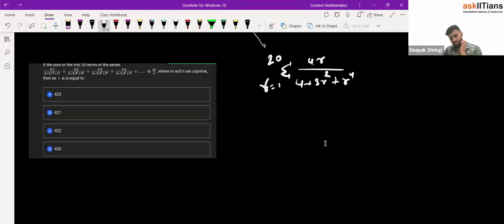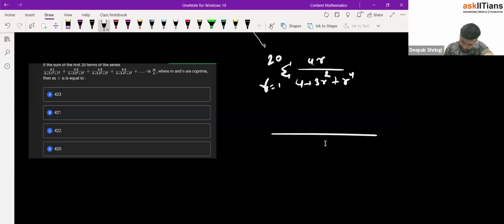Okay, fine. To find the sum of this series, first of all we will have to do some factorization inside it. So guys, r power 4 plus 3r square plus 4. I can write r square plus 2r square plus 1, that is r square plus 1 whole square. But then remaining would be r square plus 2r square plus 1, nothing special will remain, so it will not factorize.